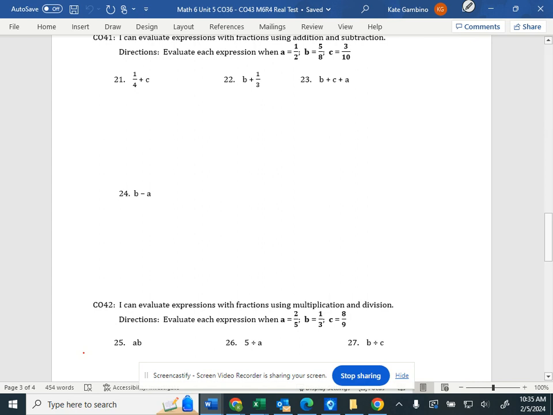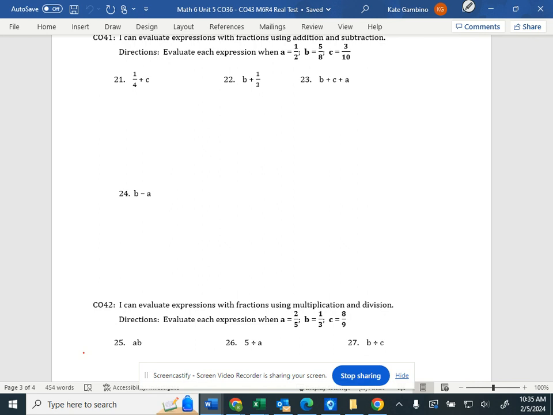Now we're working with fractions, adding and subtracting. Some of us forgot our rules. Who can remind me what the first rule is? Layla. Yeah, so the first thing you have to do is if we have mixed numbers, make them improper. We don't have any mixed numbers to worry about. So yes, we want to have common denominator.